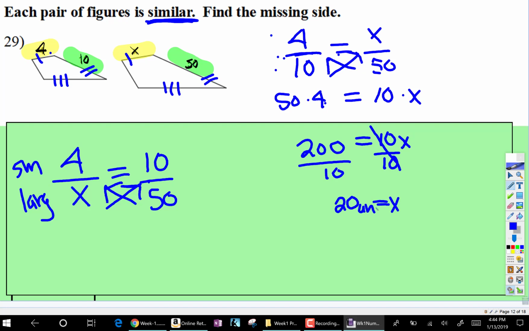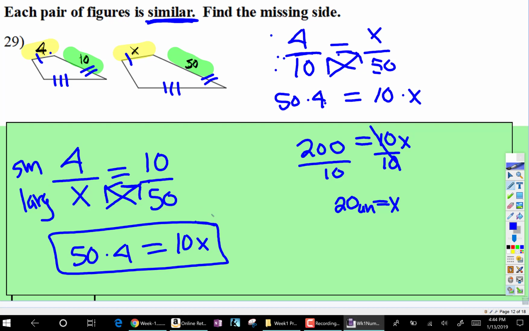Well, let's see if this works out the other way. Now we have 50 times 4, but this time the 10 is already up there, we're going to cross multiply and bring down x. Look at this right here.